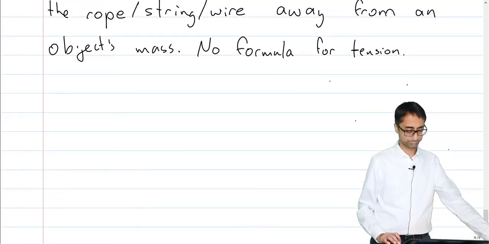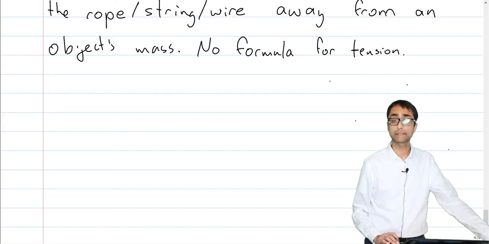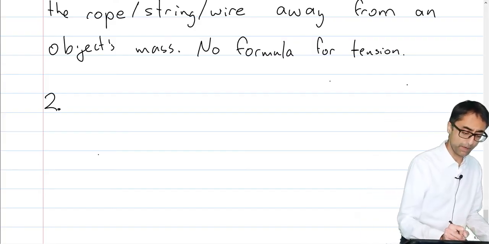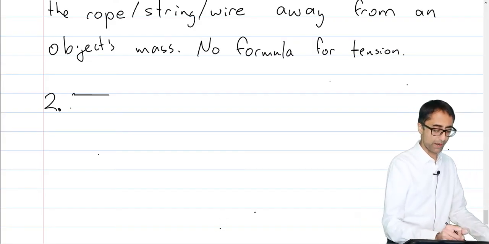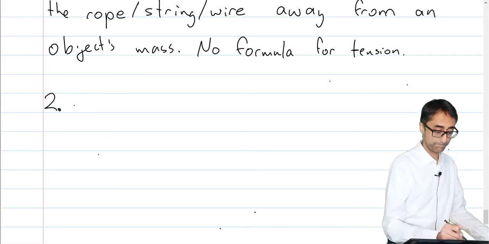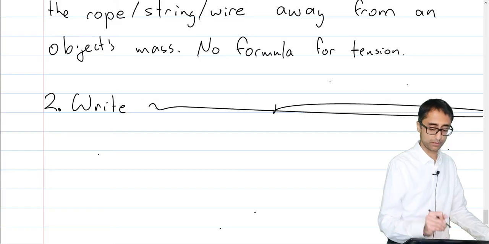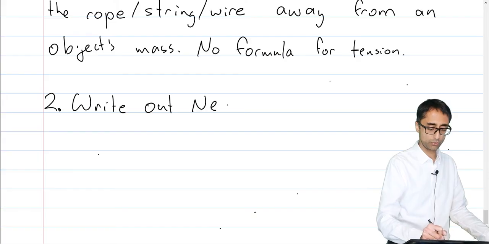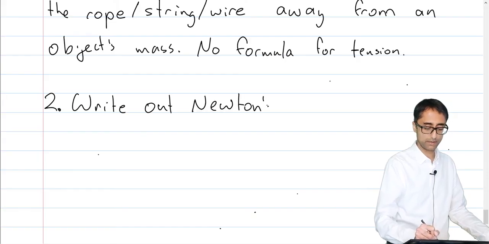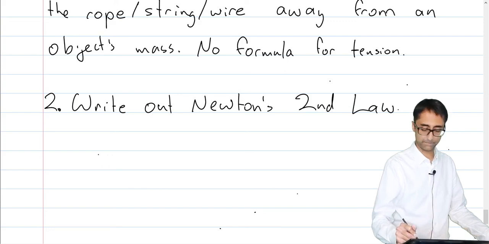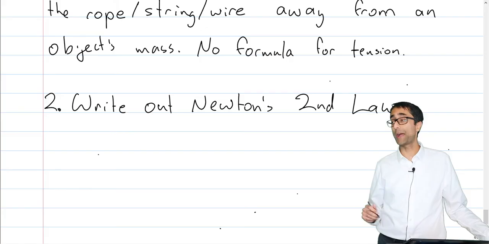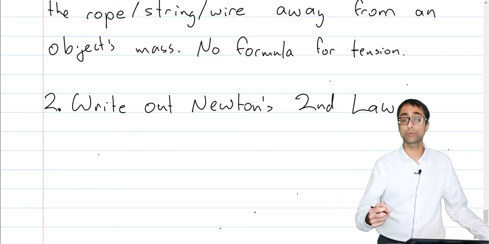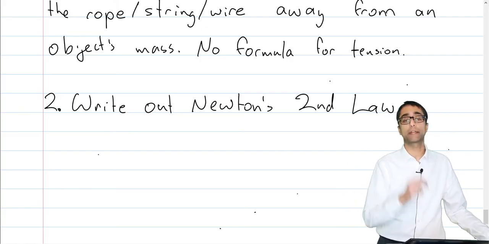Okay, so the second step, finally, once we have our free body diagram, is you write out Newton's second law. And you actually have to do it for each direction for each object.